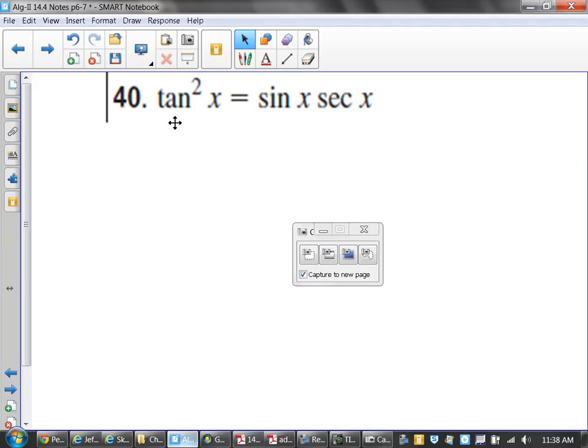It's tangent. So you get tangent squared of x is tangent of x. Excuse me. You divide out by the tangent of x to move it back. Tangent squared divided by tangent is just tangent.